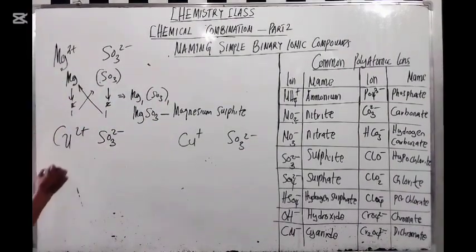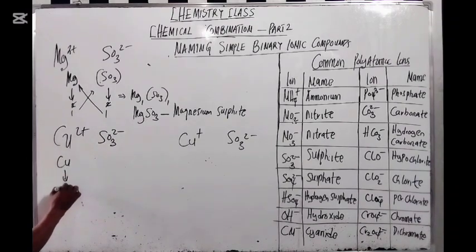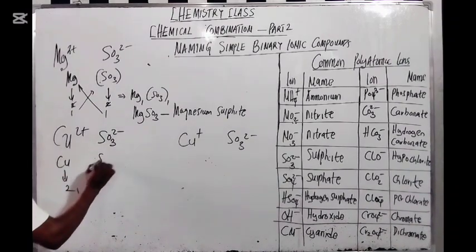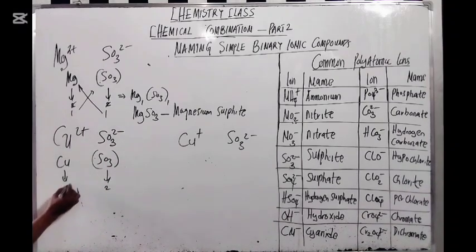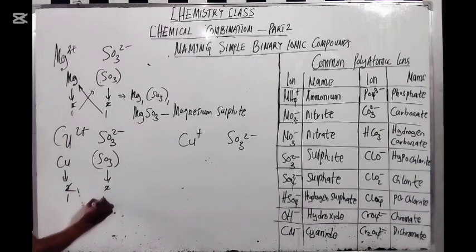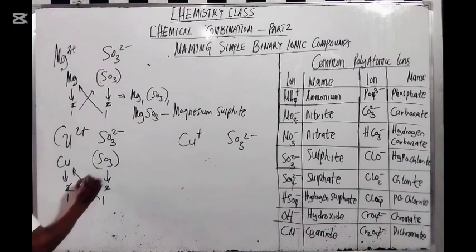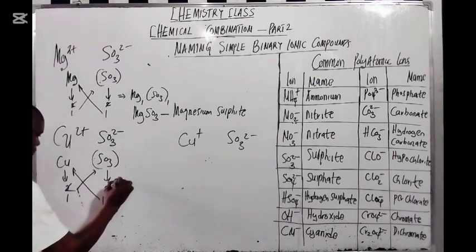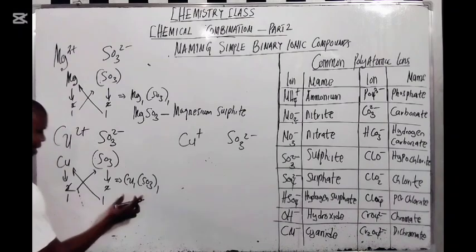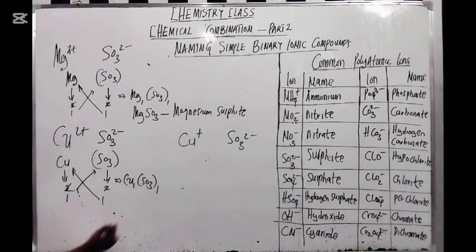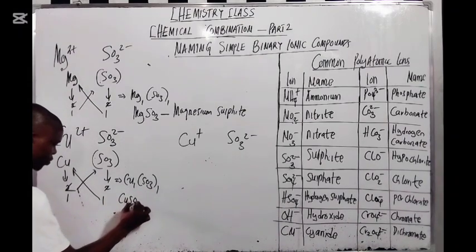So you have Cu, which is 2, and you have SO3, which is 2. Remember, 2 going to 2, right? 1, 2 going to 2. This guy moves here, this guy moves here. We now have Cu1, SO3 1, but there's no point of putting the 1 here, so it will be CuSO3.